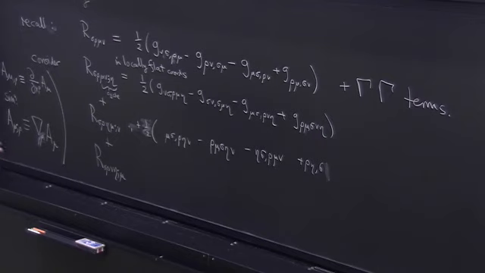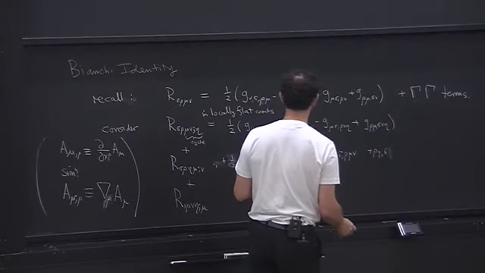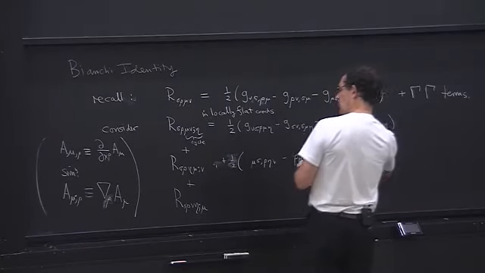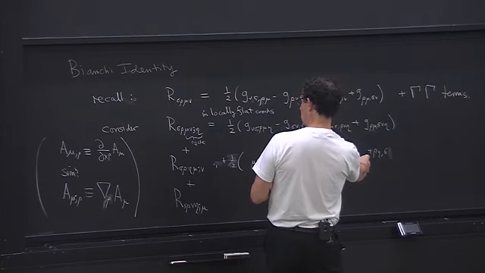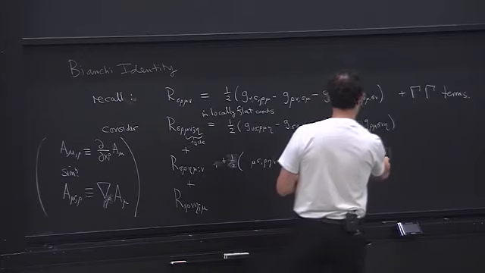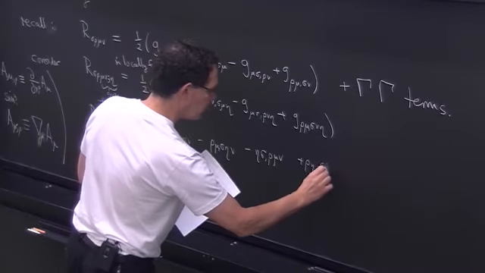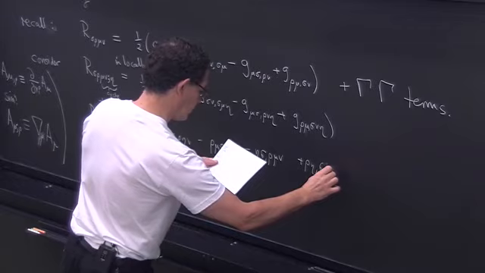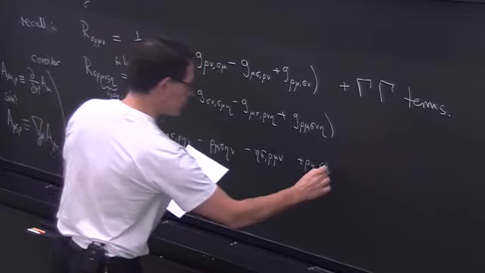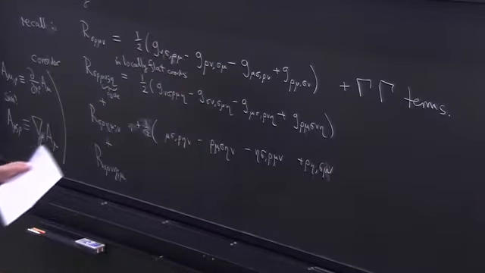What do I do here? Mu goes to eta. Nu goes to eta. Nu goes to mu. Mu. And must be nu. It goes to nu.